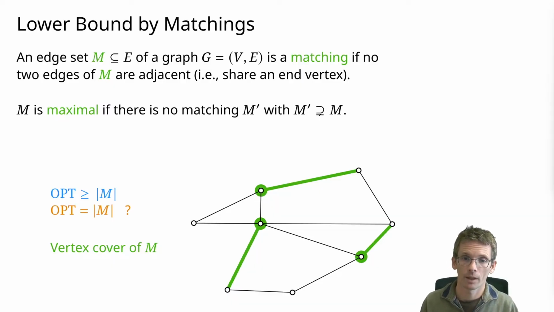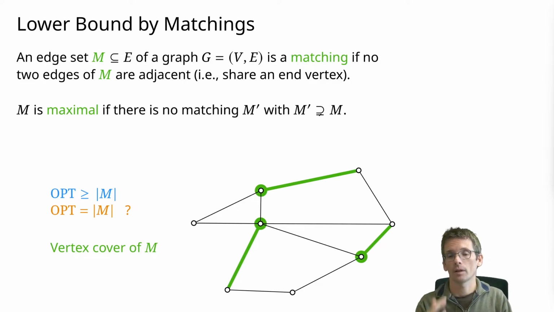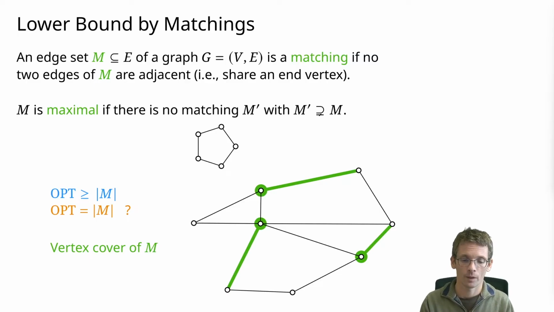Now you might wonder, is it the same computing a maximum matching and computing a minimum vertex cover? So that's not the case. So for instance here, odd length cycle, maximum matching has size 2, minimum vertex cover has size 3. So that's not true, but we have the matching as a lower bound.